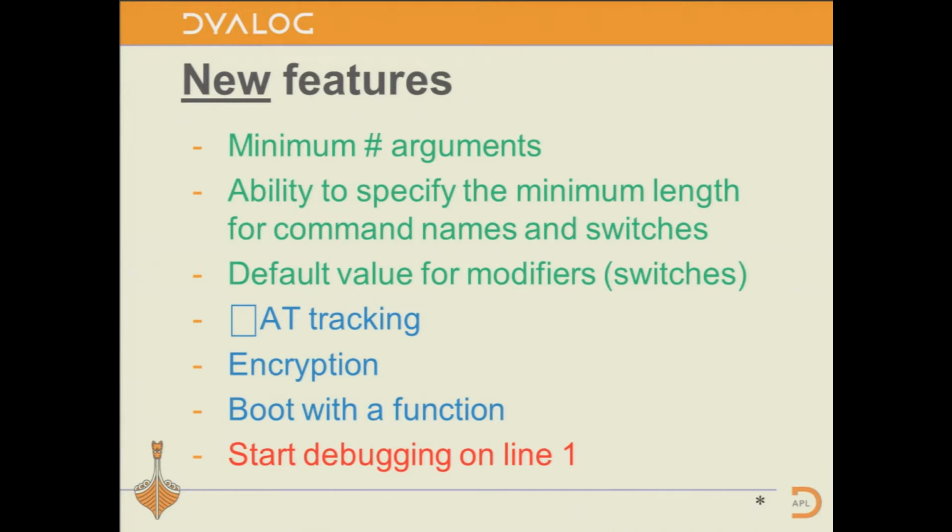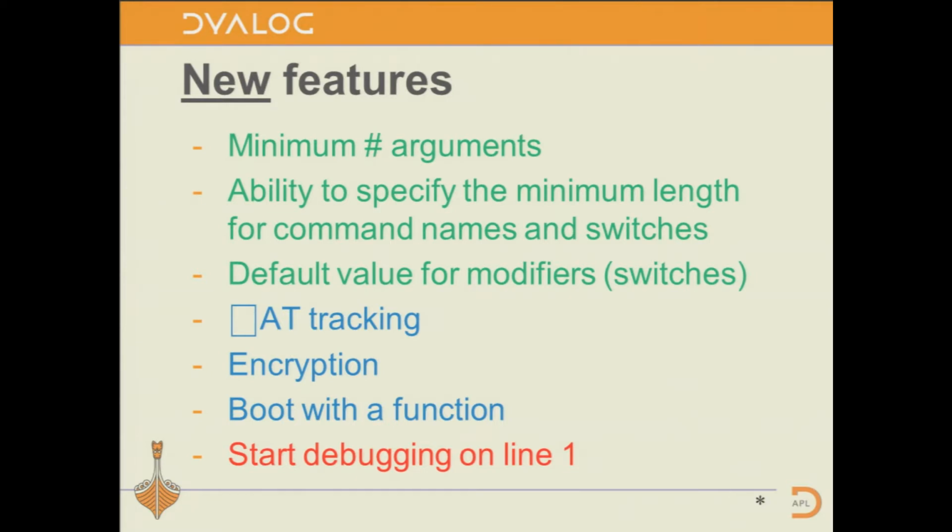You can also specify the length of the commands and the modifiers. Let's say you have the command delete, and there's no other command that starts with the letter D. Then the user command processor will, if you just say bracket D, understand that you're talking about the command delete. So you don't need to specify all of D-E-L-E-T-E, especially if the user command is very long.